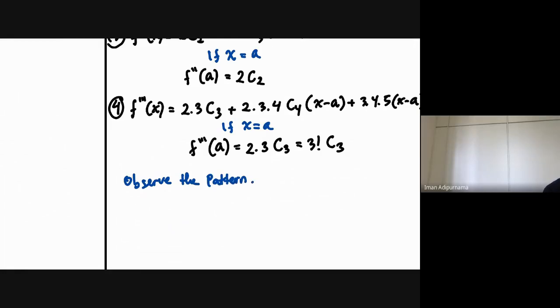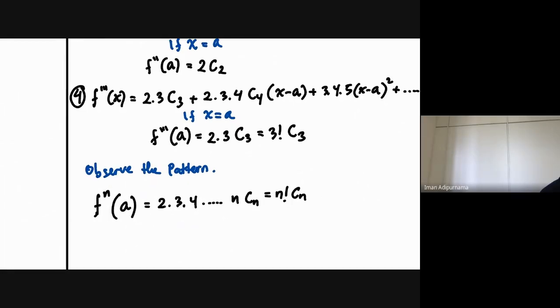And then we arrive at the conclusion that if we differentiate n times and evaluate at a, we will get 2, 3, 4, and then until n, and then cn.